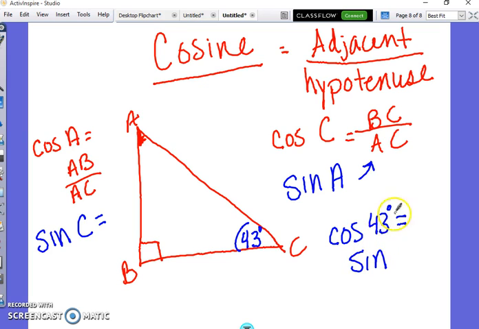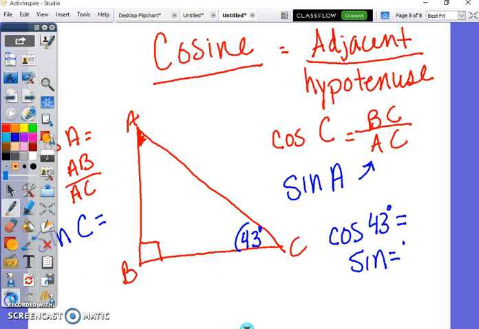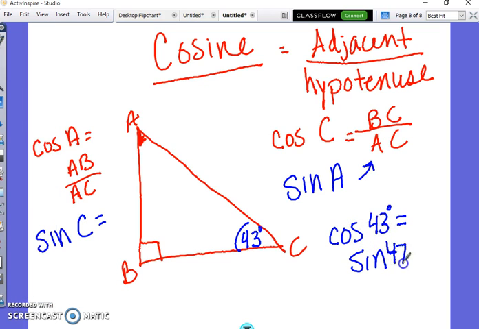What would A have to be? 47 degrees. Why 47? You're finding the complementary angle here. The cosine of an angle is equal to the sine of its complementary angle.